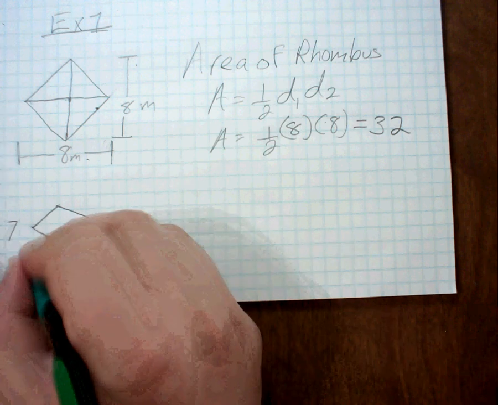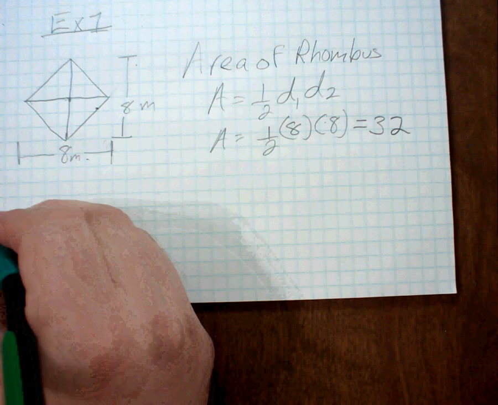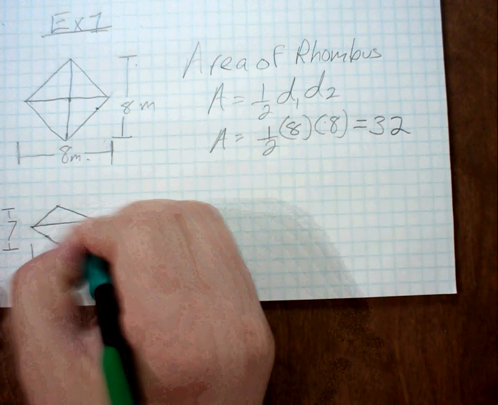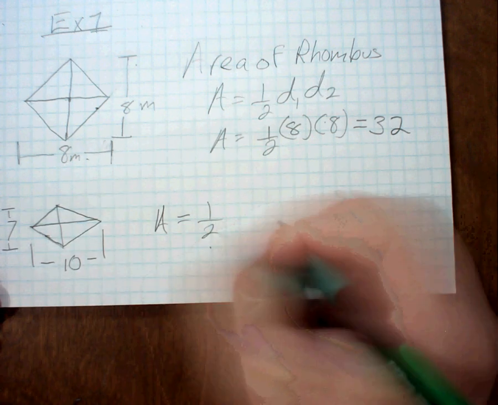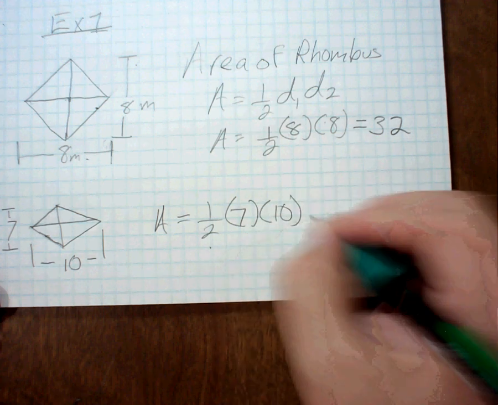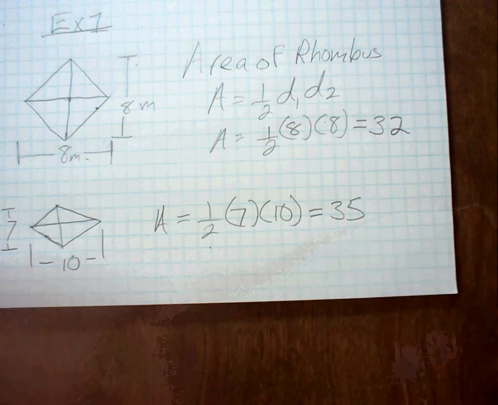So from here to here is 10, and then from here to here is 7. So again, the area, that's the length of this diagonal is 10 and the length of this diagonal is 7, is 1/2 times 7 times 10. 7 times 10 is 70. 1/2 of 70 is 35.